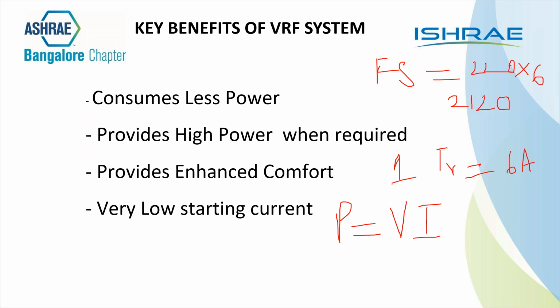That means your compressor is drawing a power of that much, either consuming it or 0. Let us assume you are doing 8 hours of operation, and 60% or 80% of the time the compressor is running.